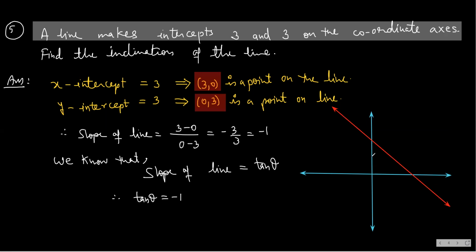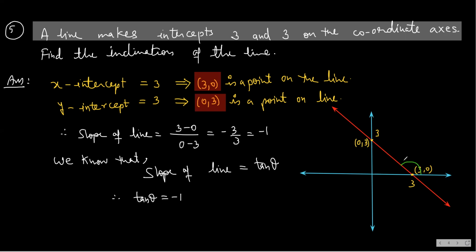And that's the fact, students, because see, what are we given? The x-intercept is 3 and the y-intercept is also 3. So this point is (3, 0) and this point is (0, 3). See how the line is inclined with the x-axis in such a way that the inclination is more than 90 degrees.